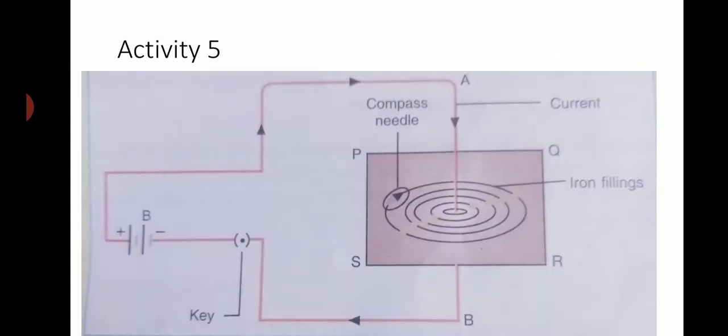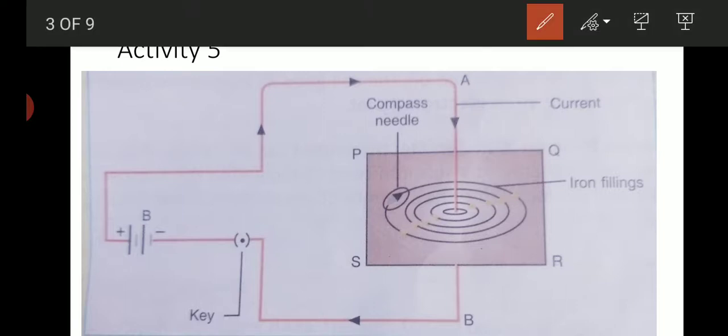There is another activity, activity 5. To perform this activity, you have to set up a simple electric circuit again and pass the wire through a cardboard. Make a hole at its center and pass a conducting wire perpendicularly through it.